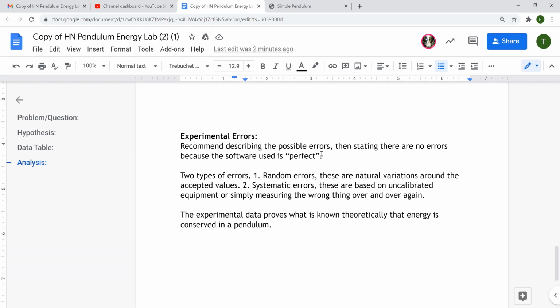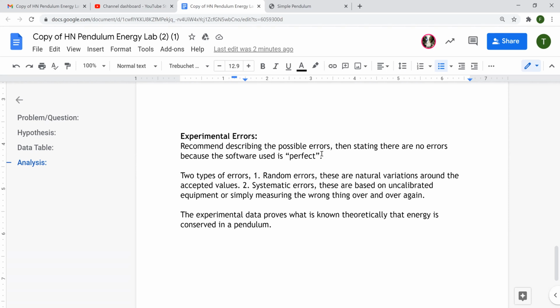I'm going to put examples of natural experimental errors include natural variations with different values, as well as systematic errors, which can simply mean measuring the wrong value over and over again.